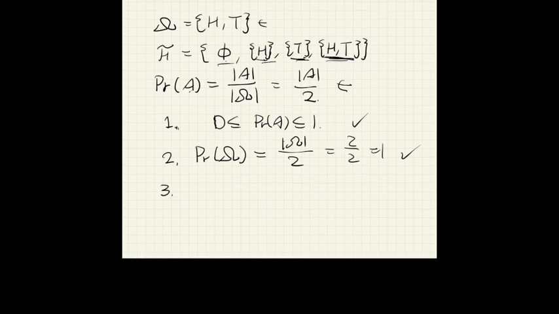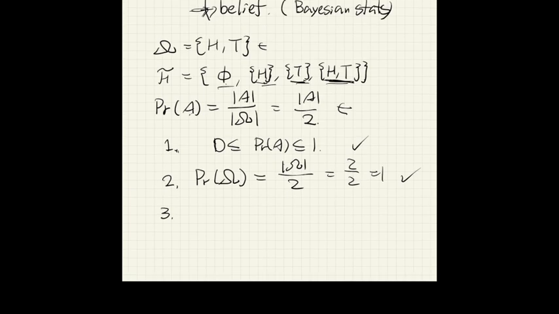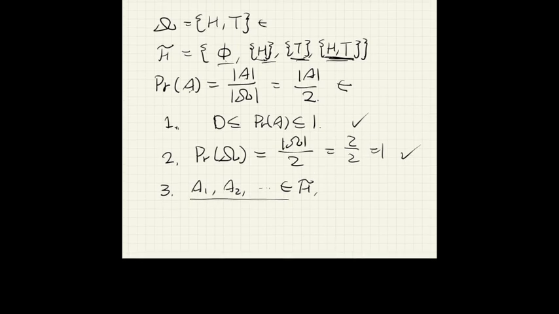And the third axiom says if there are infinitely many elements of F, then their countable union, and they should also be disjoint, right?